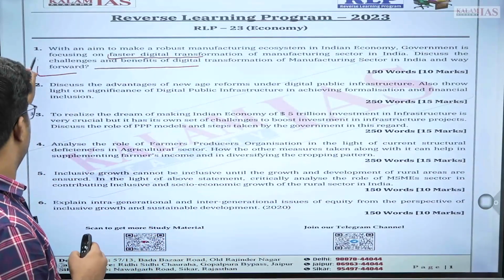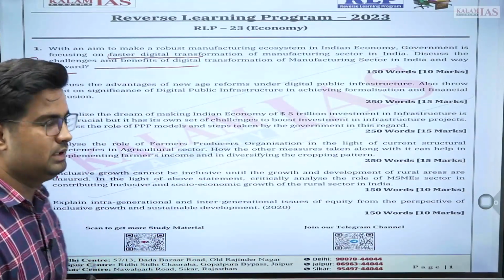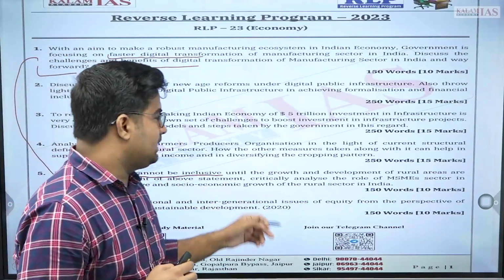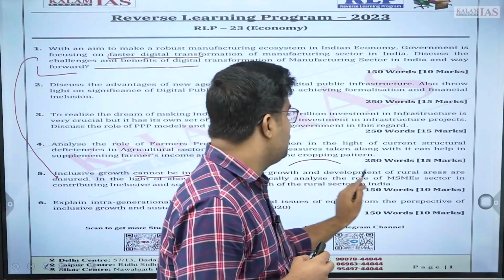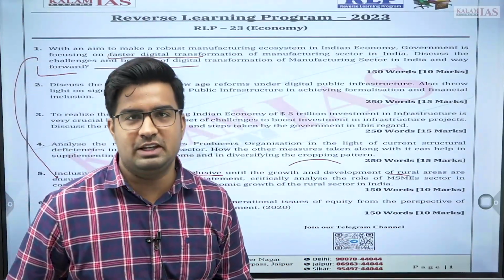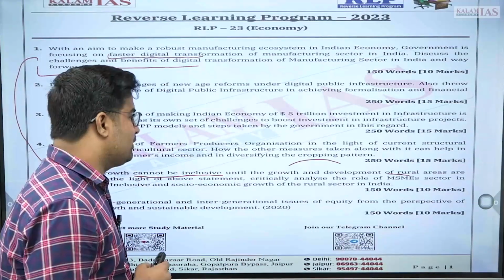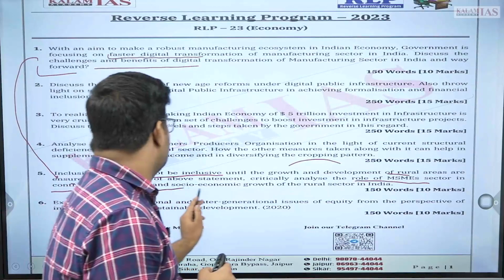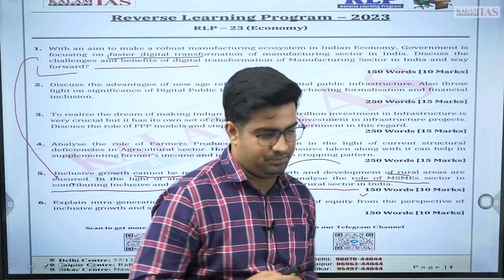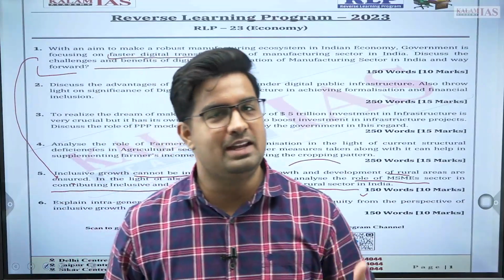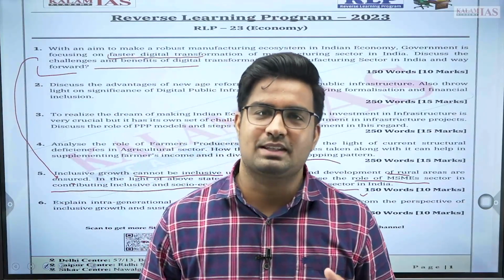Along with this, there is this question: inclusive growth cannot be inclusive until the growth and development of rural areas are ensured. In the light of the above statement, critically analyze the role of MSME sector in contributing to inclusive and socio-economic growth of India. With these two questions, your first question will be done very easily.